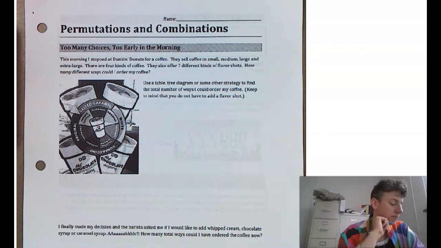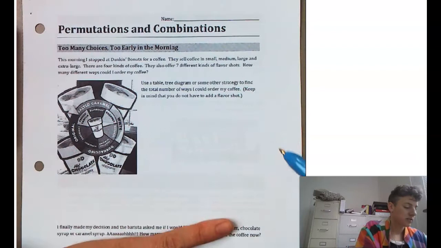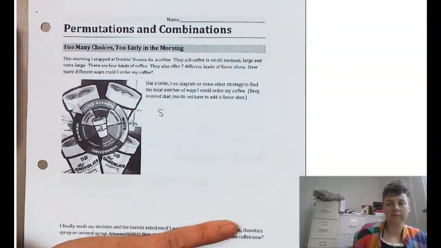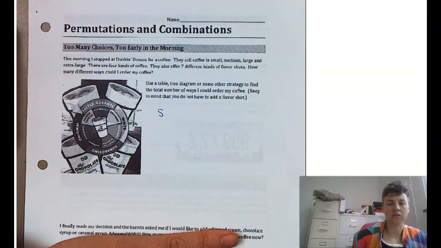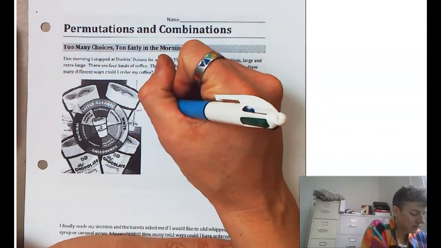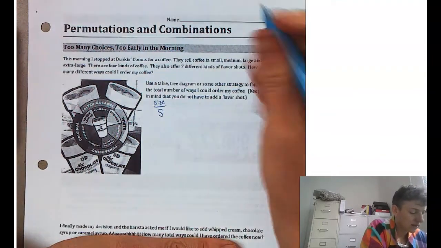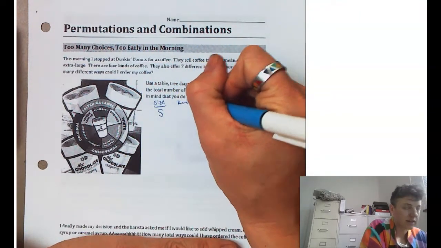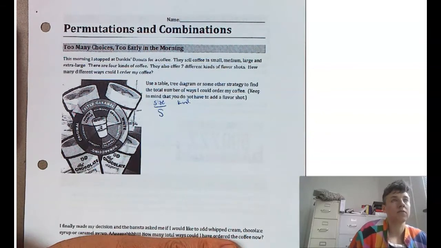So let's look at all the possibilities for just one of the sizes. So let's say I got a small. If I got a small, I could also get one of 4 different kinds of coffees. So again, we're just looking at the size, and then the kind, like decaf, regular, bold, vanilla.